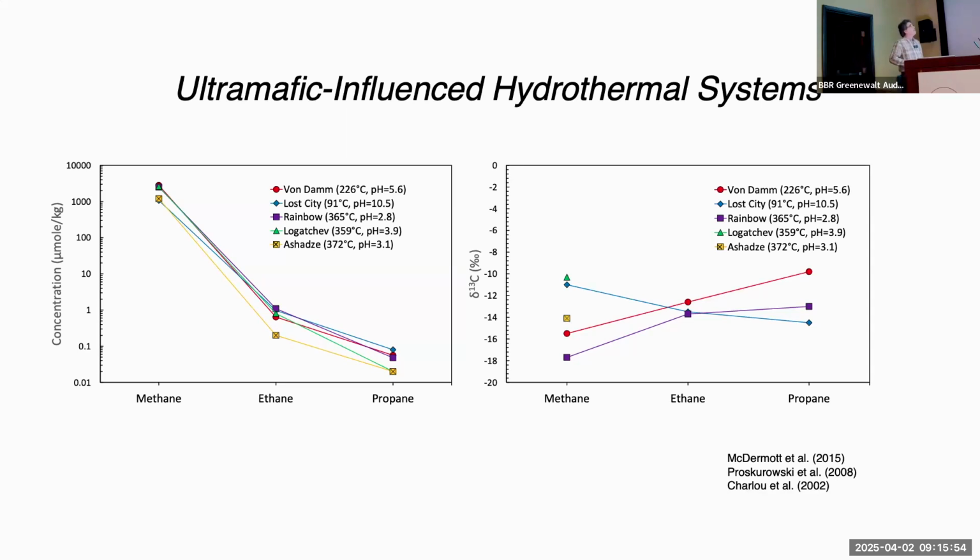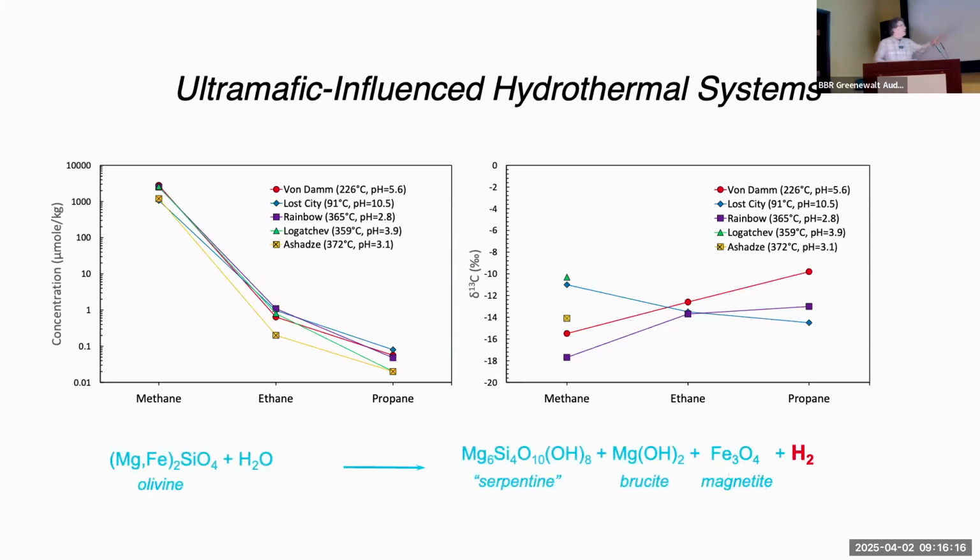Other interesting aspects of the fluids: we can look at the abundance of CO2 and the radiocarbon. I'll get to that in a minute. But the conventional wisdom early on in the hydrothermal world, that multiple people have talked about, or young Chris talked about, was serpentinization.